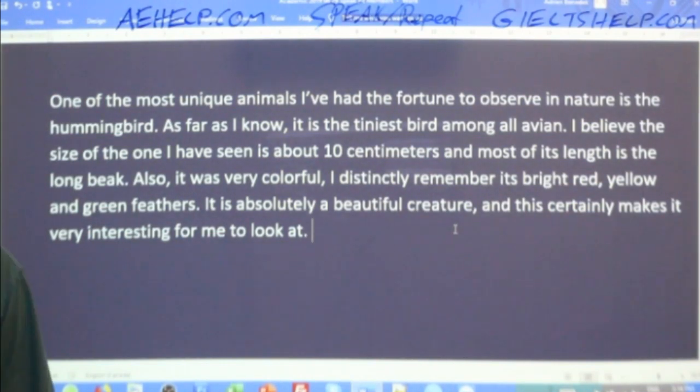Preeti says, its size is like a small mouse, between 7 to 10 centimeters with a long pointy beak. Preeti, that's good. You're using your notes. Excellent. Kisi says it is the smallest bird, which is only 5 to 10 centimeters with a long beak. The most attractive aspect is its colorful feathers, blue, red, and white. Okay, Kisi, remember, always avoid that word thing. Attractive characteristic or attractive aspect.